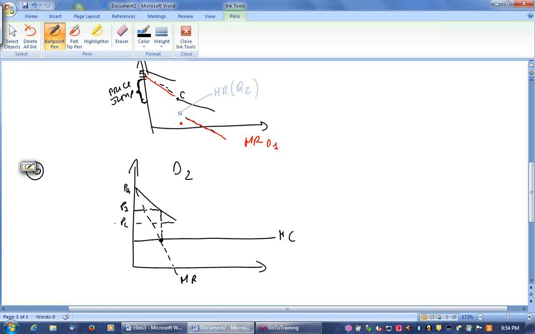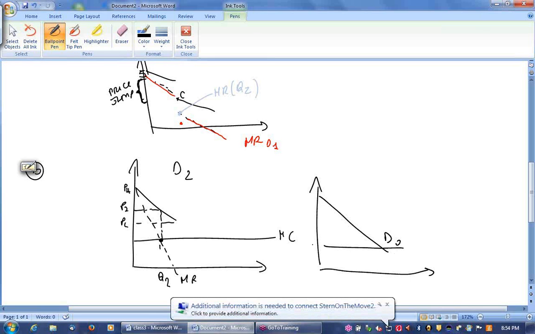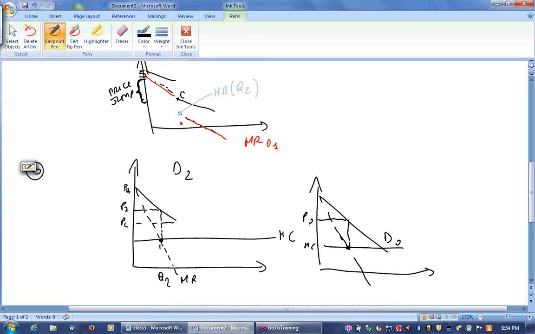And this is P2, okay? From the initial demand, instead, we had that under D0, this was our case. D0 is the total demand. This is the marginal cost. And so this was our P0.